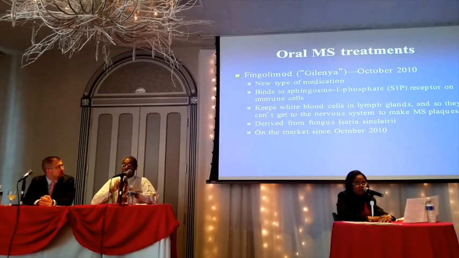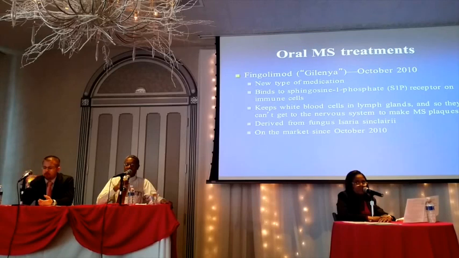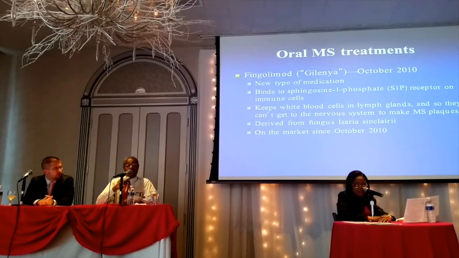Now we call them disease-modifying therapies, but the first preventive treatment for multiple sclerosis came while I was in medical school, and that was Betaseron, which probably some of you are on. Betaseron is the oldest of the disease-modifying therapies, and we know it works. We know it works really well. It reduces the risk for new plaques by 30%, which compared to having no treatment, is pretty dang good.